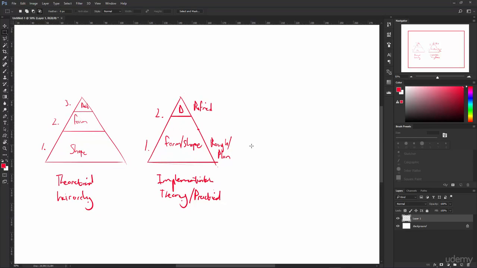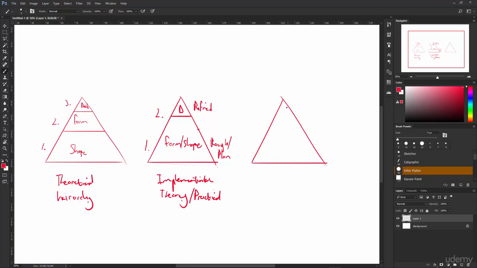All right, and then the last triangle, which is fairly straightforward to understand, is how the viewer sees. So let's just say the viewer's perspective. And this is important to know, so that you have a well-rounded understanding of the theoretical structure of art theory, art practical, and also how the viewer sees things.